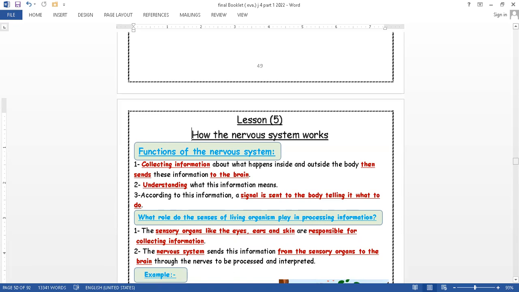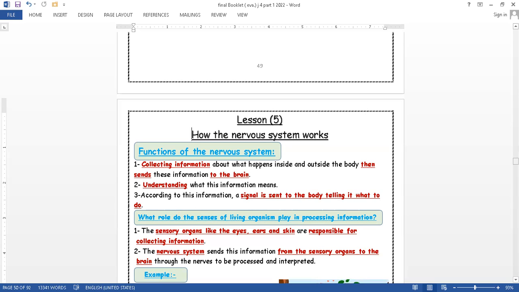Number one, the sensory organs like eyes, ears, skin, and so on are responsible for collecting this information. We said that for our nervous system to perform its function, number one, it collects information from outside or inside.